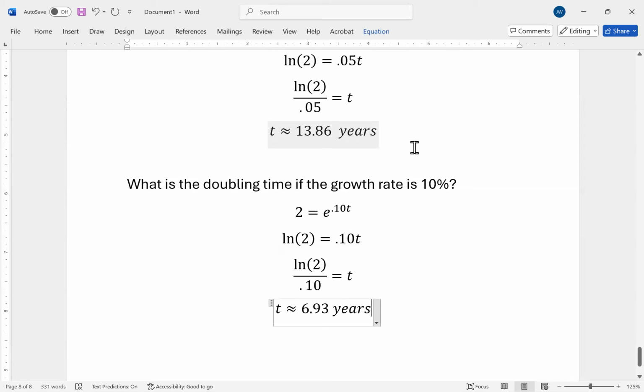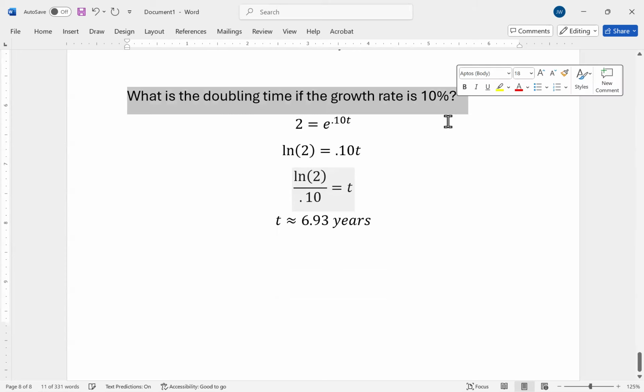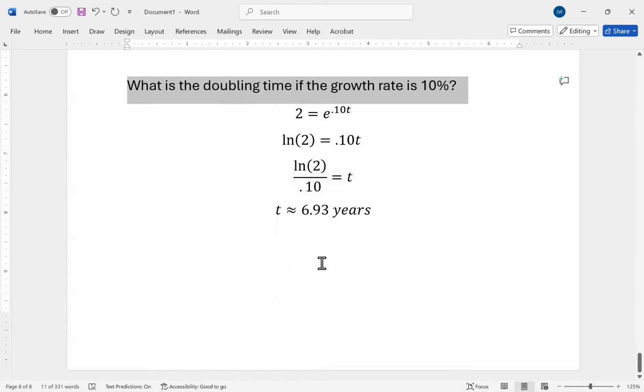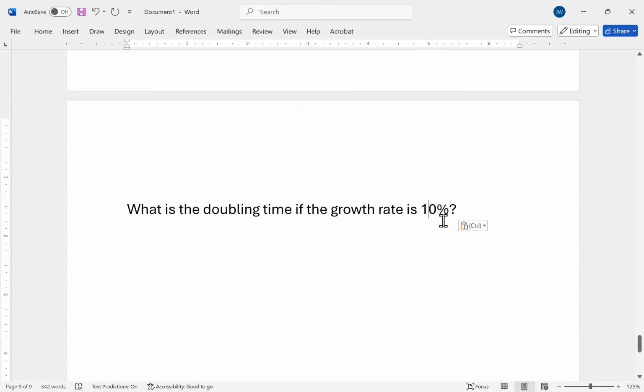That's not a coincidence because we see how we ended up with t. We just got natural log of 2 divided by the percentage rate as a decimal. In fact, if we were to say, what's the doubling time if the growth rate is, let's make up a percentage, let's say 12%?